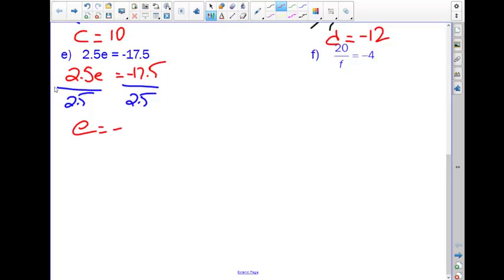Negative divided by a positive is a negative, and we have to figure out how many 2.5s go into 17.5. Well, it does go evenly actually, and if we count up by 2.5s, 2 2.5s is 5. So that means that 4 is 10. And if we keep counting, another 2.5 is 12.5. 6 2.5s is 15. And 7 2.5s is 17.5. So the answer is negative 7.